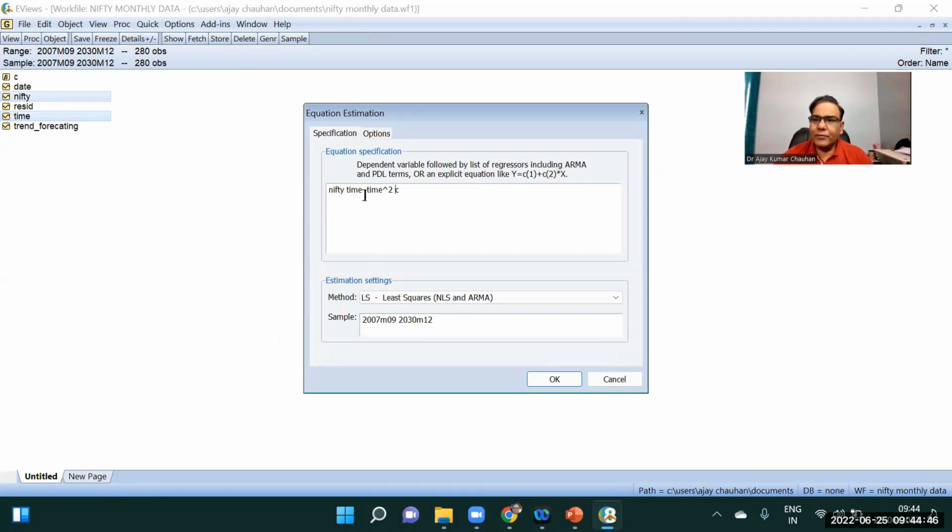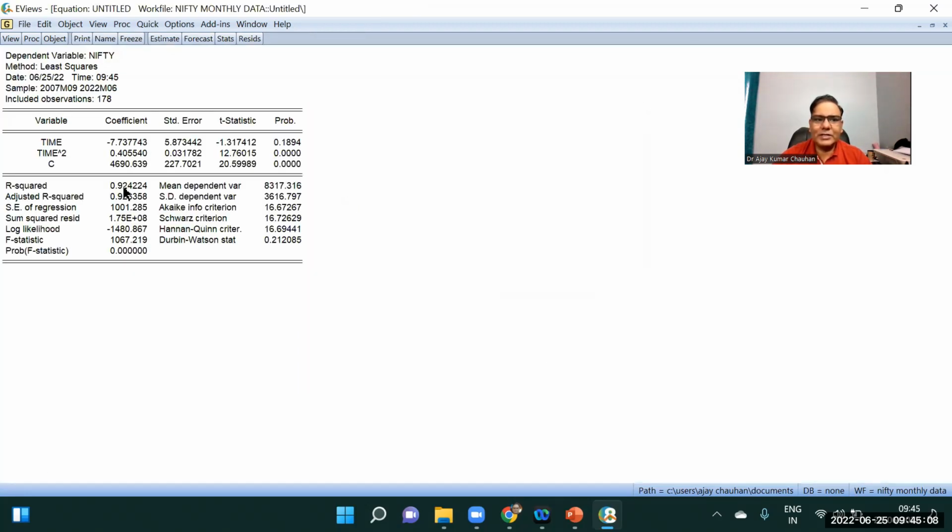So I am adding one more independent variable in this equation, and the sample is up to June 22, because we have the data up to this period. I added time square, a new variable for capturing the curvilinear trend. The R square is 92, which is more than the R square of the trend equation. For the trend equation, it was 85%. It is 92%, so not a problem.